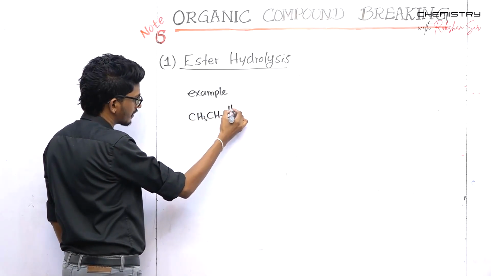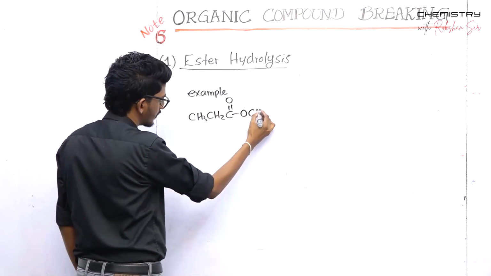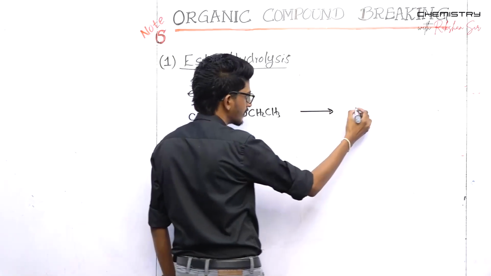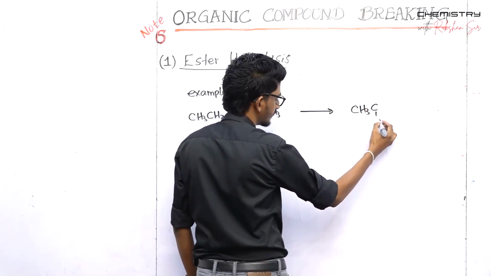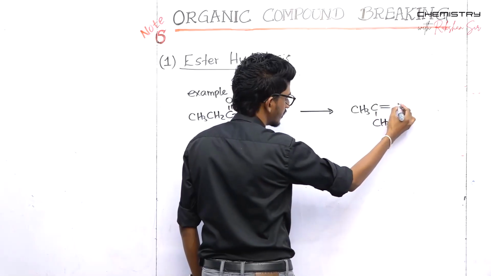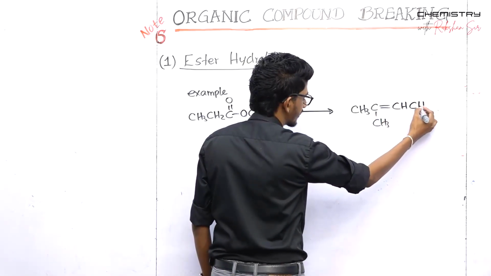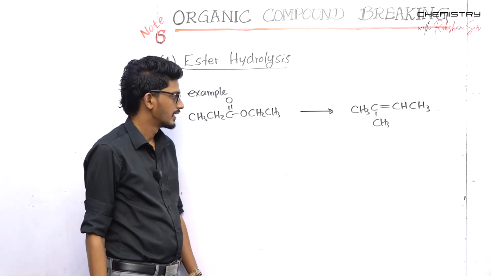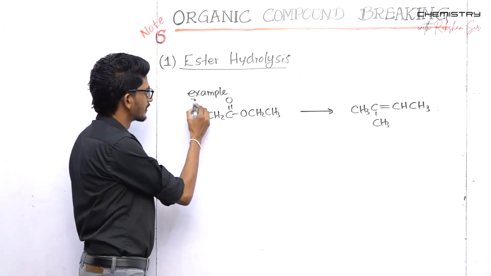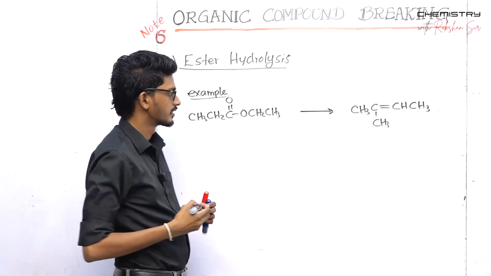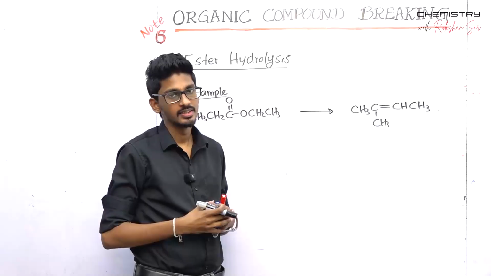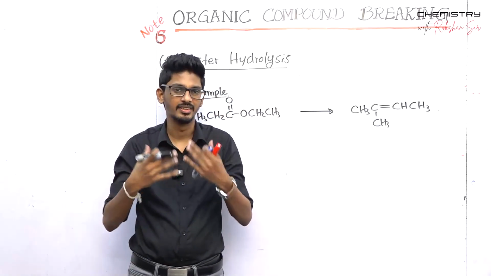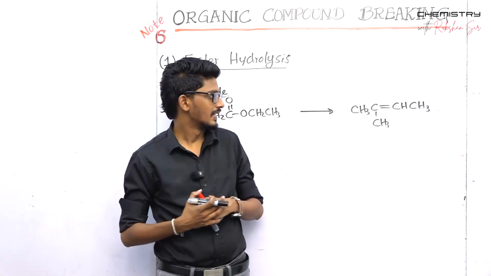You are starting with some ester, and you are supposed to produce this compound. This is the conversion we had started our discussion with, right? Let's see how to carry out this kind of synthesis process with the use of acid catalyst or base catalyst ester hydrolysis reactions, right?